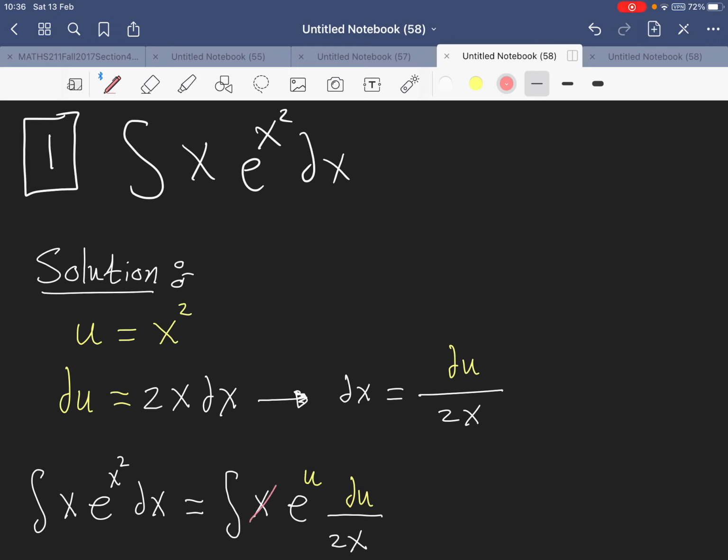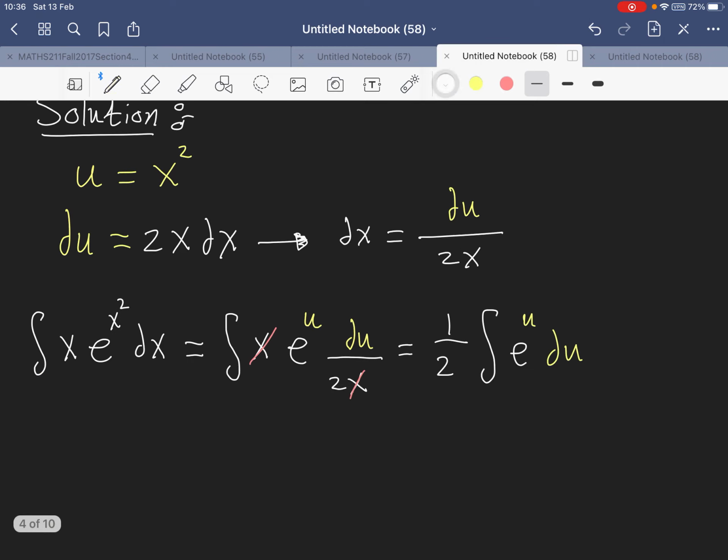So we have x get cancelled. Of course we have 2 here, it will go outside. So we get 1 over 2 times the integral of e to the u du. And that's clearly the final answer. So it is 1 over 2 e to the u plus c.